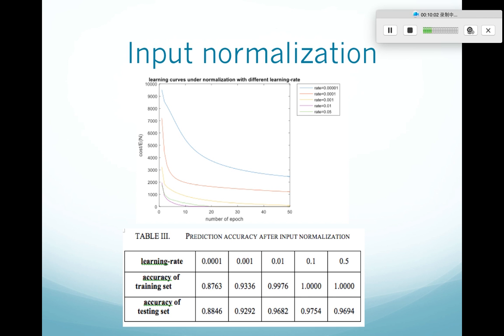Then I do input normalization in order to improve the performance of my model. The first step of input normalization is to remove the mean value.